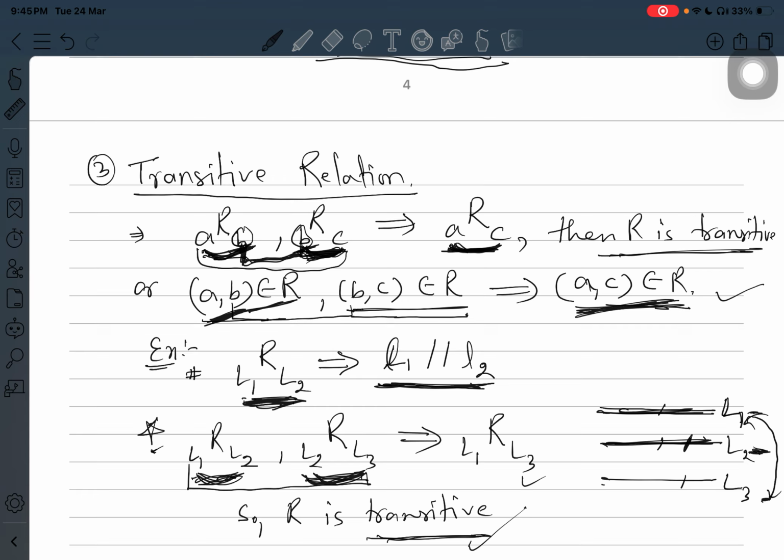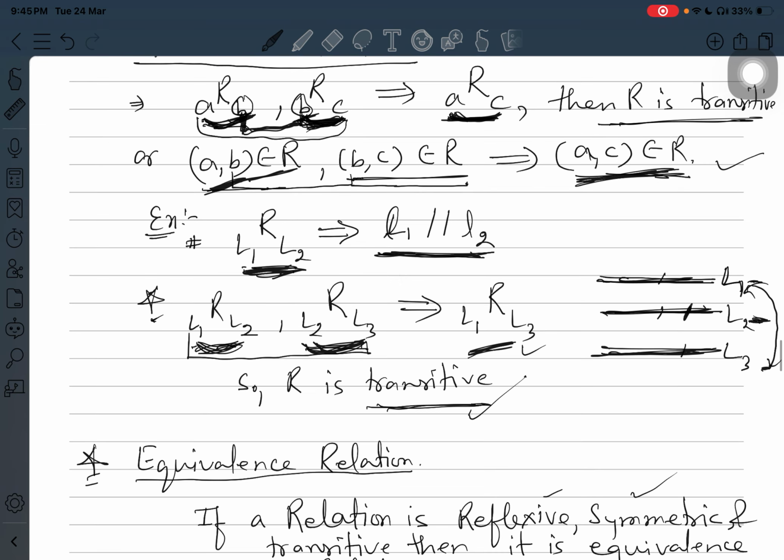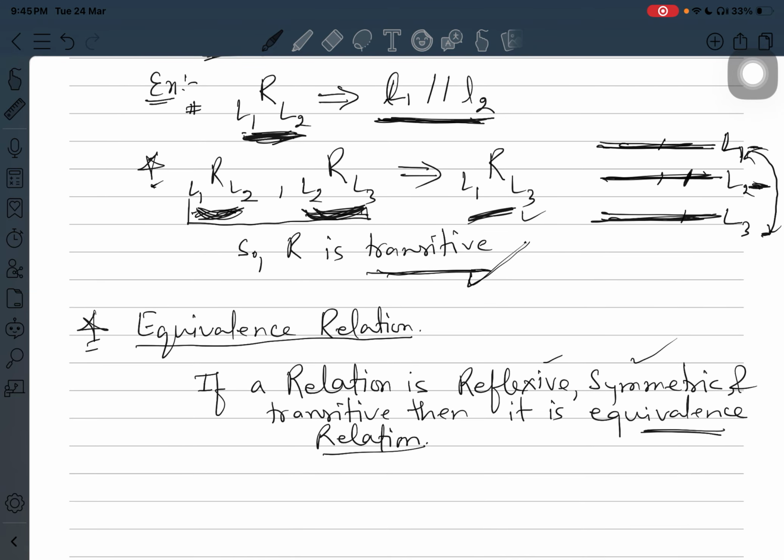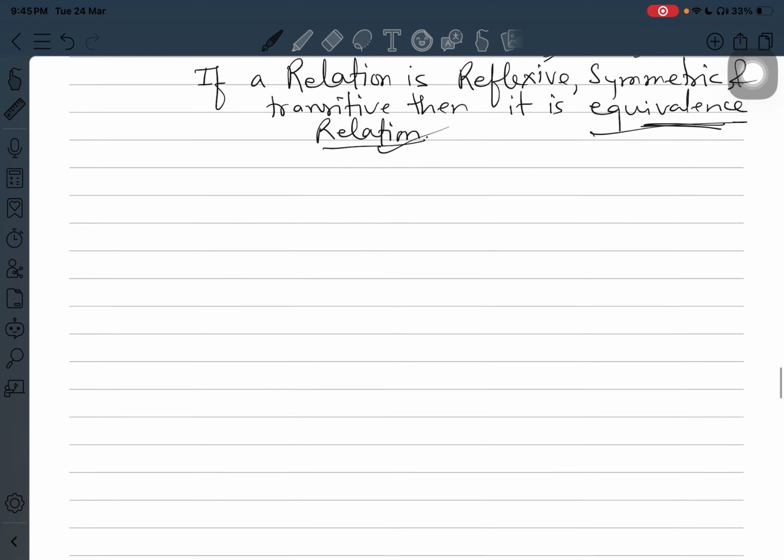L2 is also parallel with line L3. So this implies that L1 and L3 are related. L1 and L3 are also parallel. So this becomes our transitive relation. An equivalence relation is a relation which is reflexive, transitive, and symmetric. That kind of relation we call an equivalence relation.